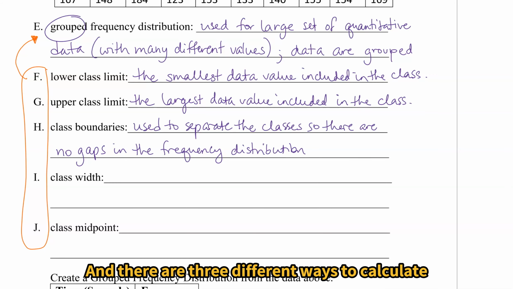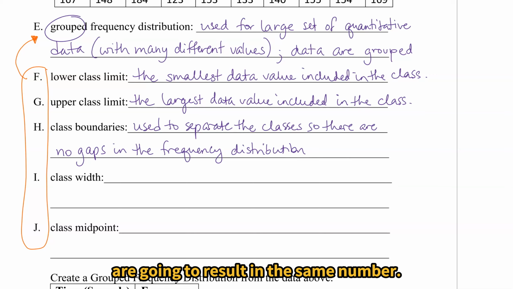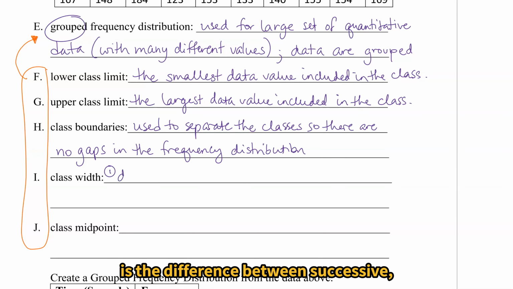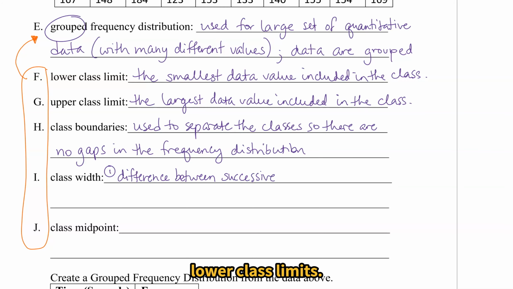And there are 3 different ways to calculate the class width, but all of them are going to result in the same number. So I say that it can be calculated 3 different ways because we can define the class width 3 different ways. So here we go. The first way to define class width is the difference between successive, which means right next to each other, lower class limits.